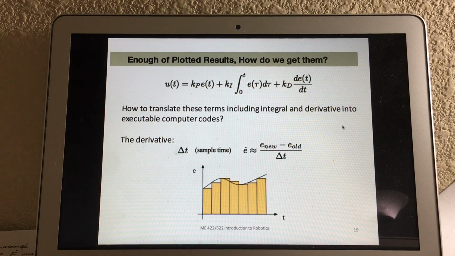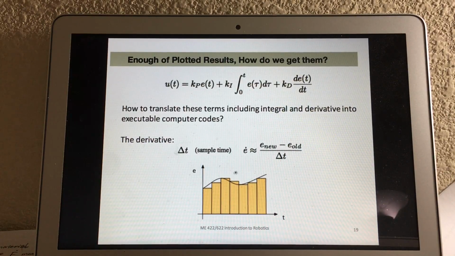The derivative can be estimated by taking a small piece, a small time step. So you have error new minus error old, if you're tracking the error, divided by the difference, certainly the step size. This is how we calculate the derivative.